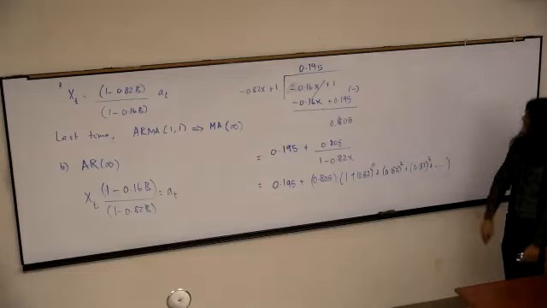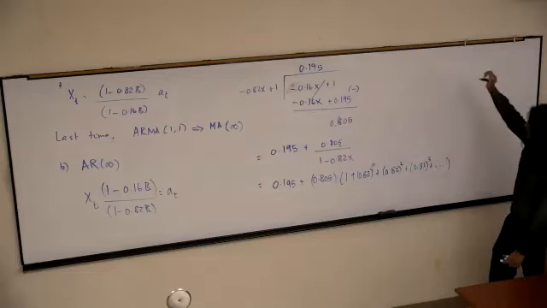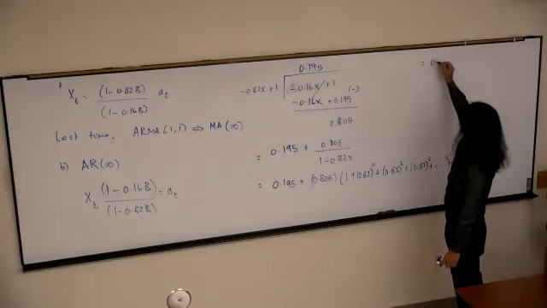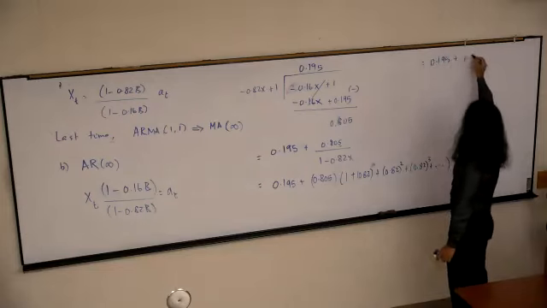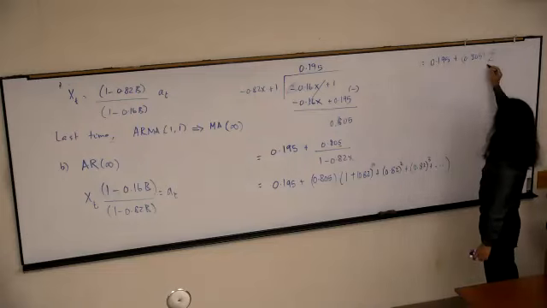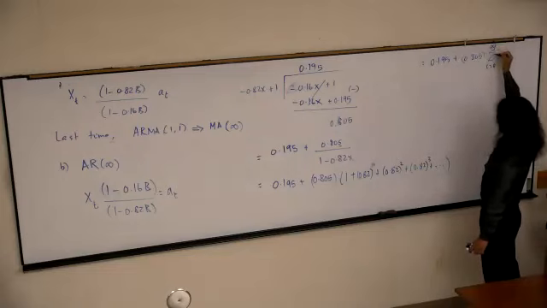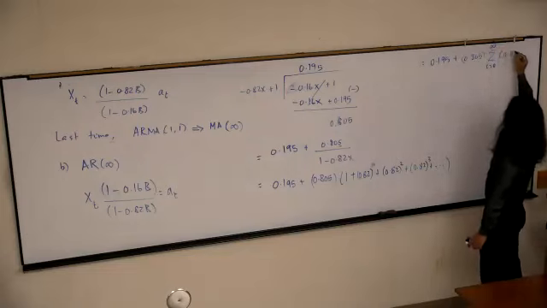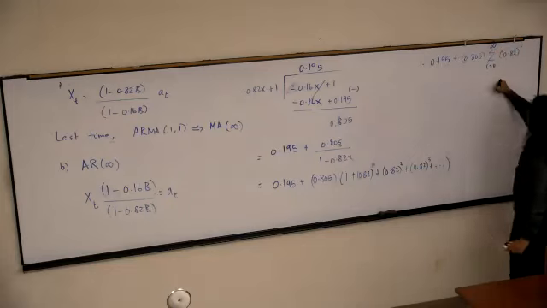We don't want to do all that, so we can simply write it as a sum: 0.195 plus 0.805 times the sum from i equals 0 to infinity of 0.82 raised to i.